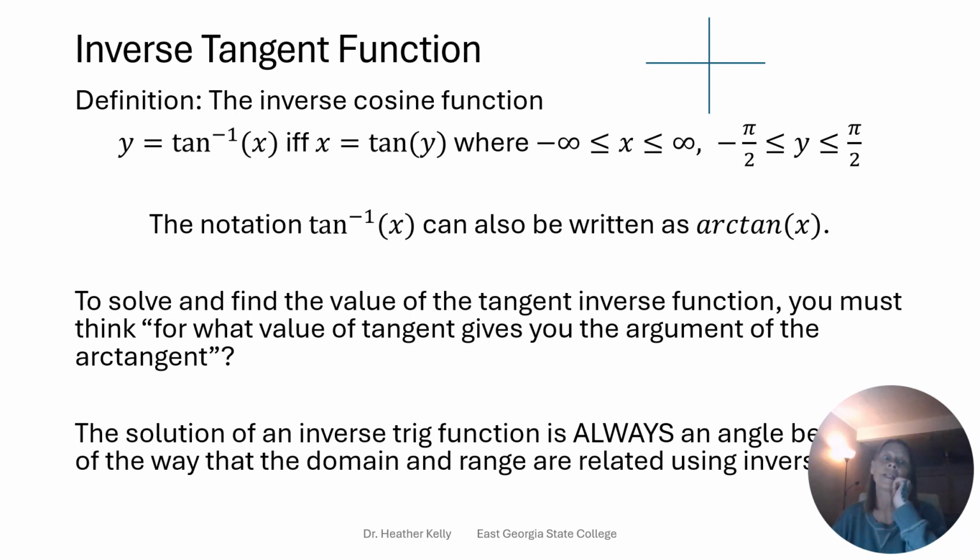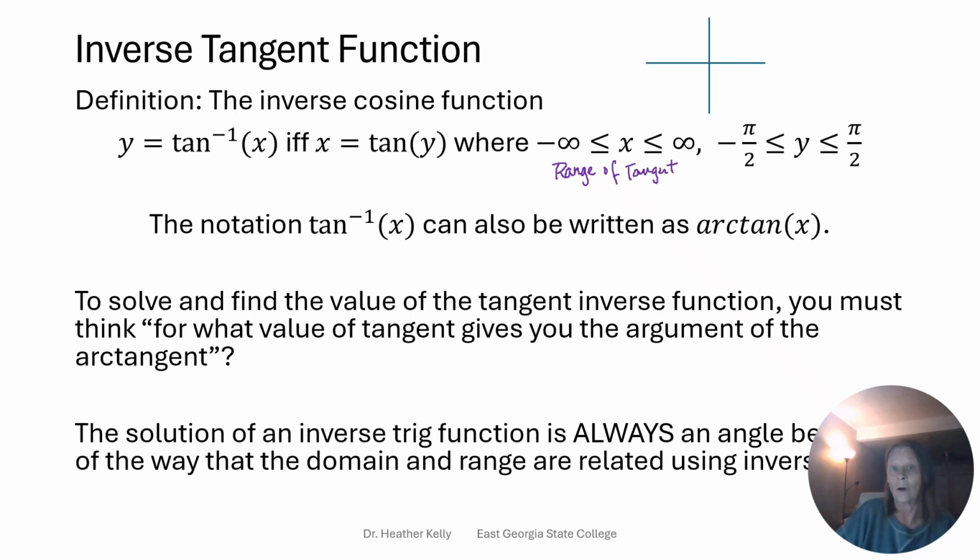Let's do the arctangent. So arctangent, here's the definition for the arctan. And again, be mindful of some of the things that we've already learned here, which let's read this definition. y is equal to the arctan of x if and only if x is equal to the tan of y, where x is all real numbers. Remember that this is the range of tangent.